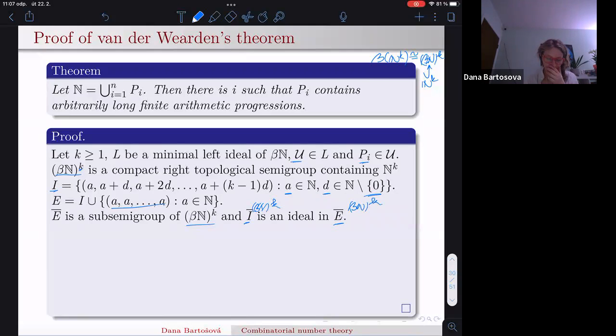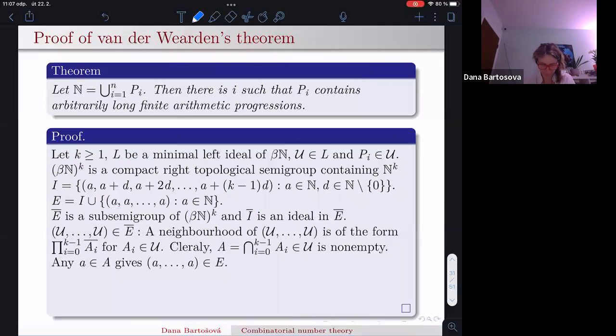Okay, so we have n to k, then we look at I, which is all the arithmetic progressions. So this is where we are trying to find our solution. And we look at a bigger subsemigroup of the semigroup that I started with, n to k. And now I compactify and I look at closures inside of there. So now I'm going to include my ultrafilter U in here.